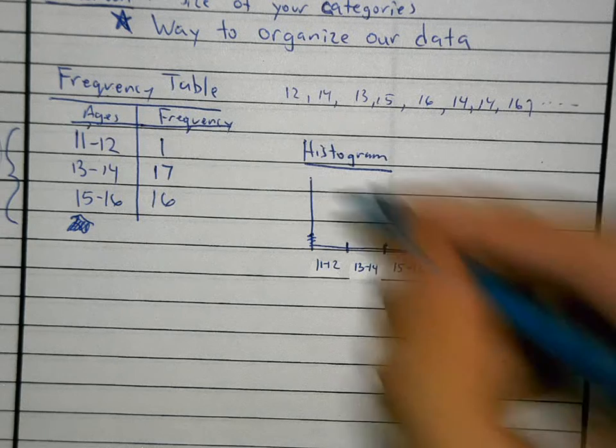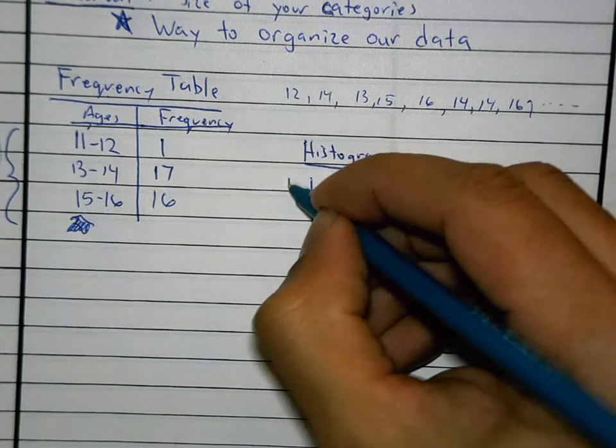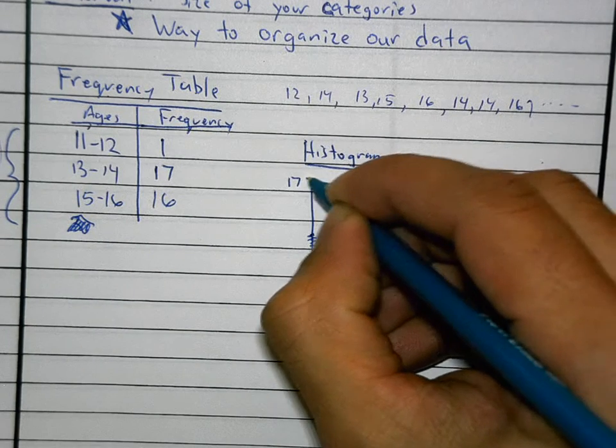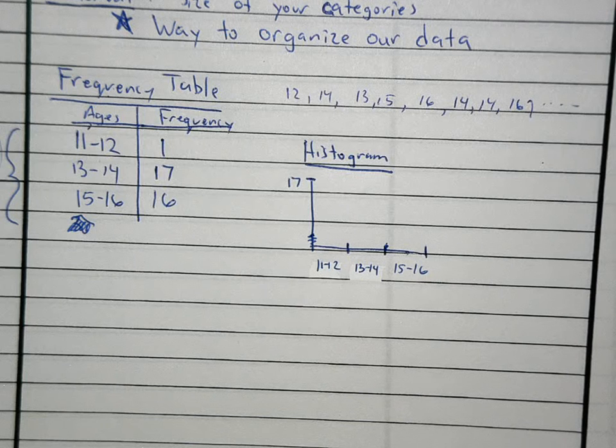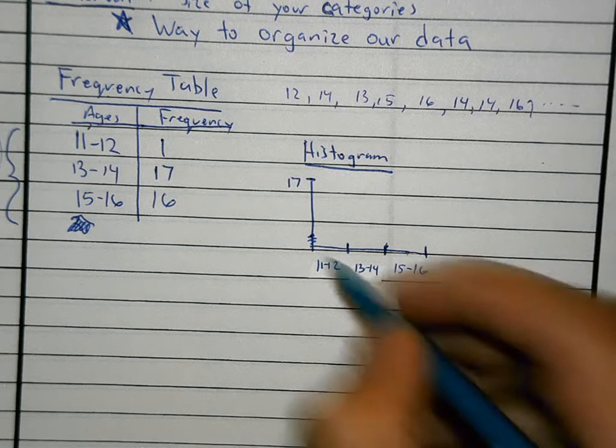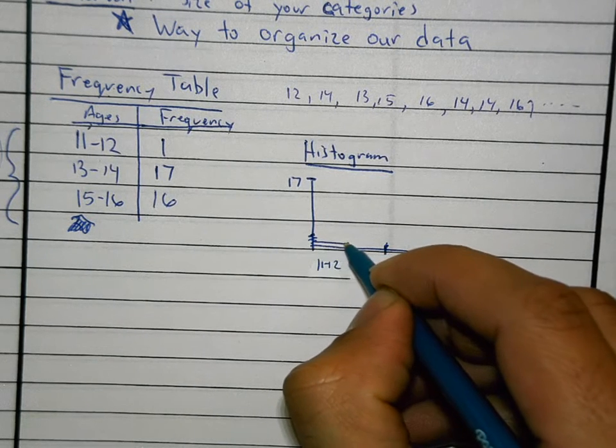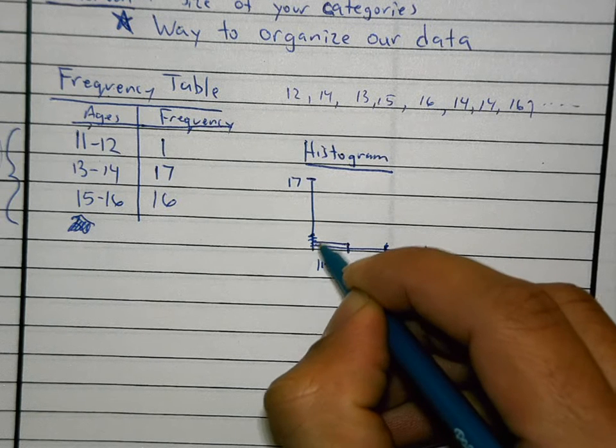For me, what I'm thinking is that I might put 17 right here at the top. Right, that line. Okay? I'm making it nice and easy. Now, how many 11 or 12-year-olds do we have? So this is going to be a bar, and the bar is going to be our very thinnest bar at the bottom.